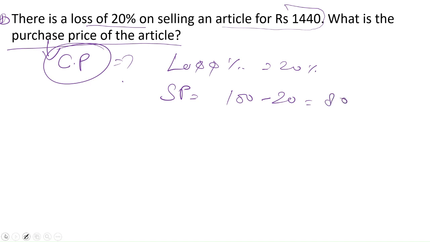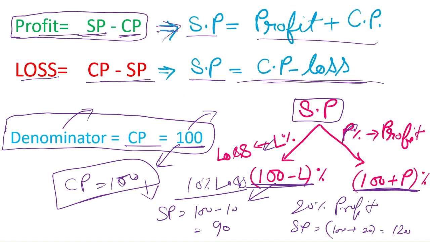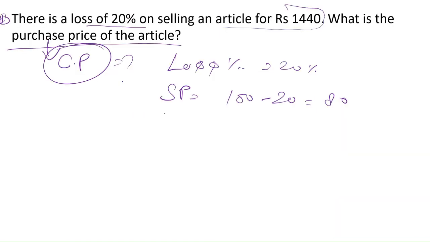We understand in 10% loss, SP will be 100 minus 10 means 90. In this question, loss percent is given as 20% and SP will be 80. Okay. Now very important. What is given? Selling price.